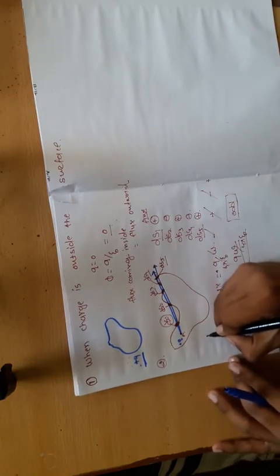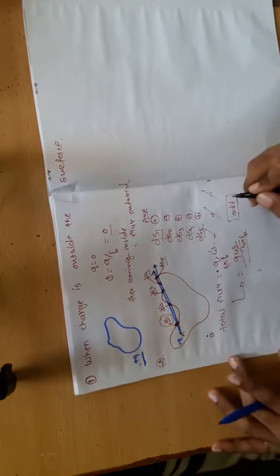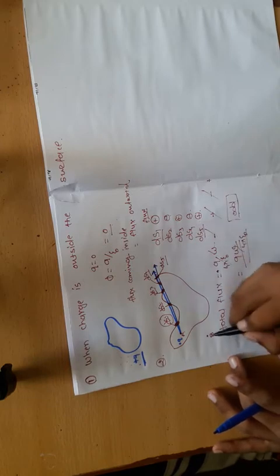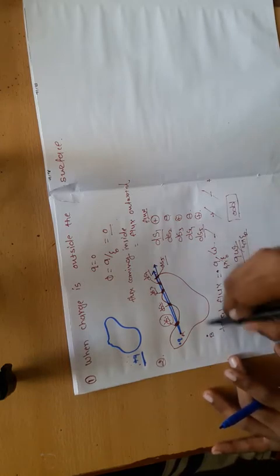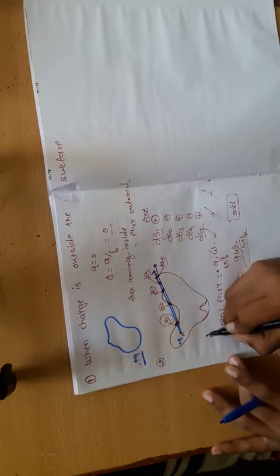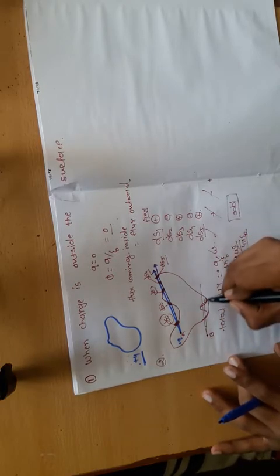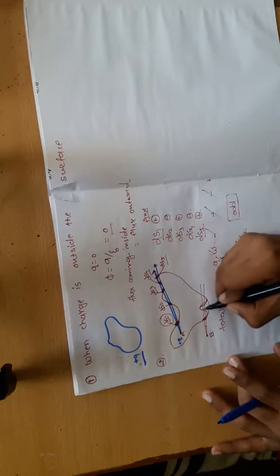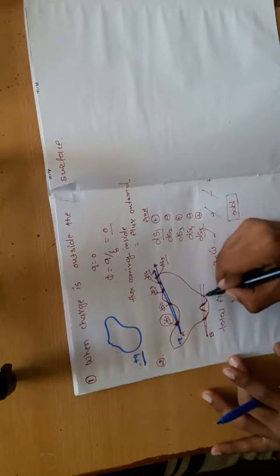But suppose I have a point outside this surface. What will the field lines be? Suppose they are like this. Here it is the first, second, third and fourth.